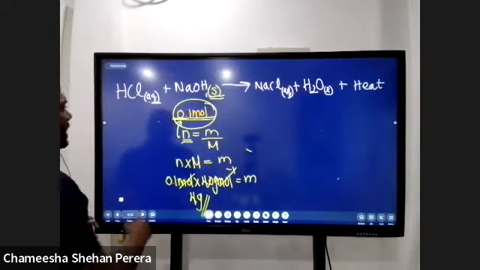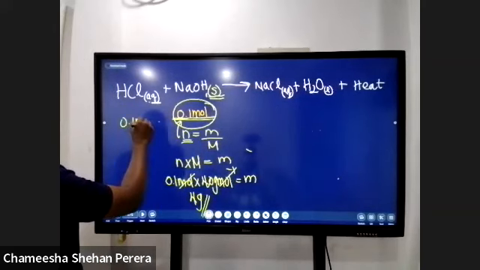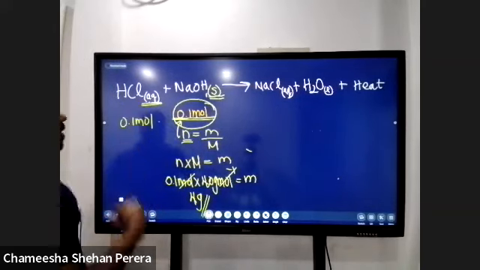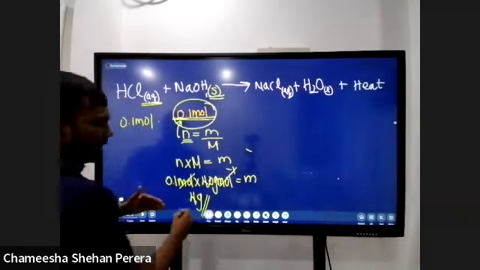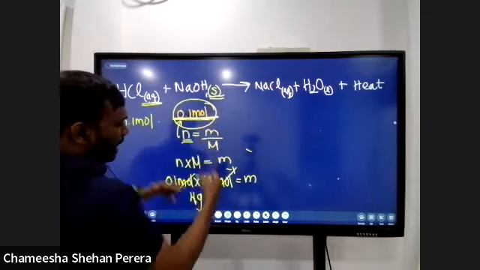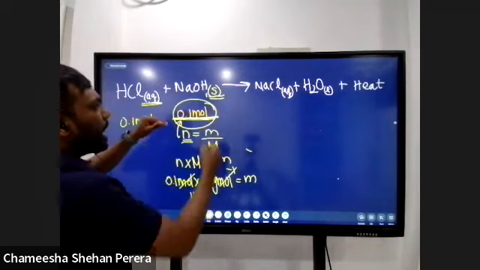I am reacting 0.1 moles of HCl in aqueous form, and this time adding the NaOH as a solid.